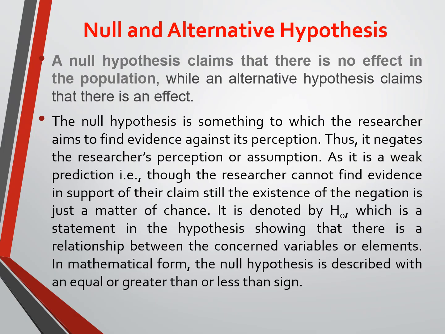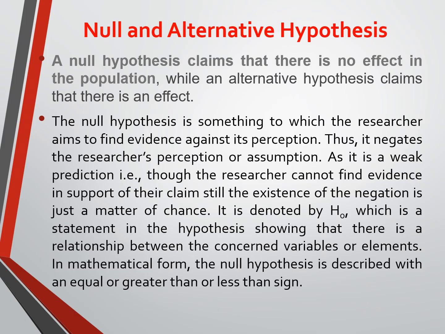First, we can say that by taking a particular medicine, temperature is not going to come under control. So that is the null hypothesis. If it is going to come under control, then it is the alternate hypothesis. The null hypothesis is that for which the researcher finds evidence against his perception. Normally, our perception is that once we take the medicine for temperature, our temperature will come under control. But it negates; it means it gives negative results to our perception or assumption.